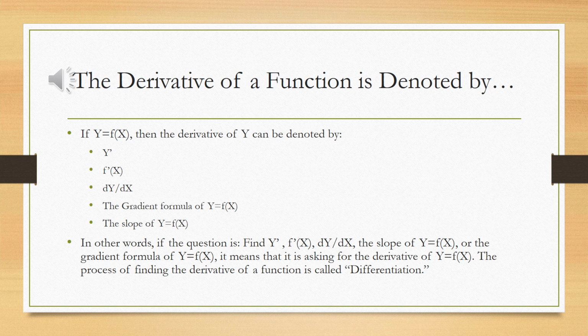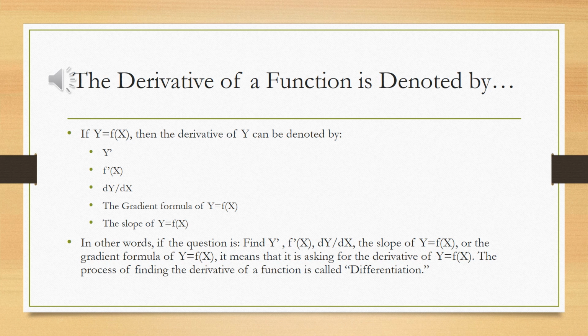You might be telling yourself, okay, I now know what a derivative is, but how do I interpret the question and know that what they want is for me to find the derivative? For that, you need to know how a derivative can be denoted. If y equals f of x, then the derivative of y can be denoted by y prime, f prime of x, dy by dx, the gradient formula of y equals f of x, or the slope of y equals f of x.